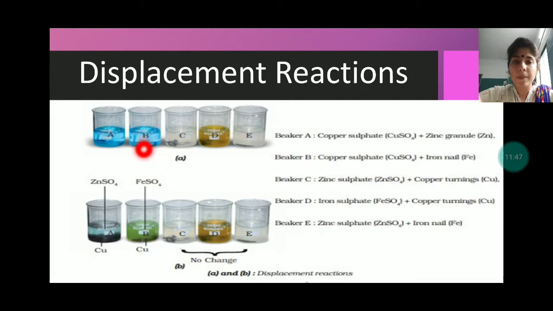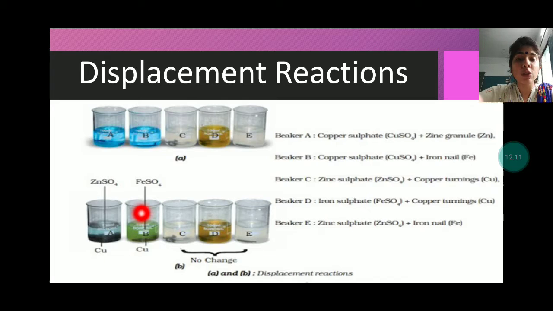In beaker B, copper sulfate plus iron is added. Here you can see the change in color. So iron has changed the solution color. Copper has to leave the sulfate, and iron sulfate is formed because iron is more reactive than copper.